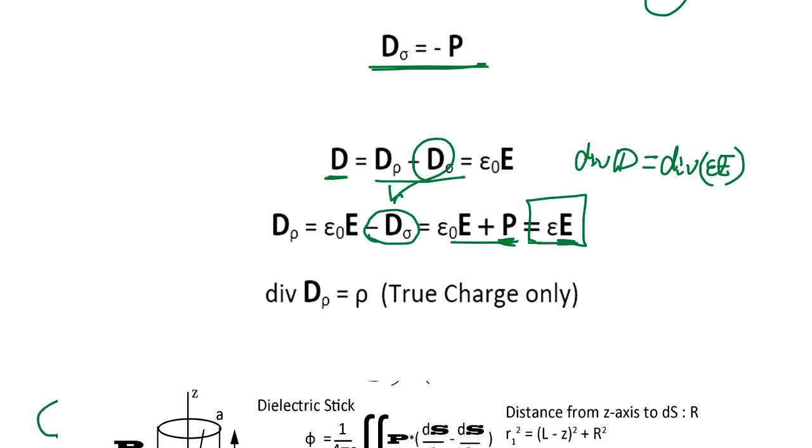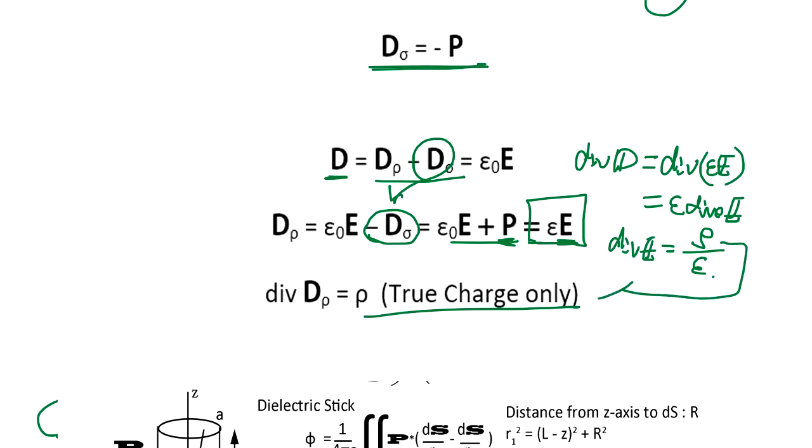It's going to disappear. Okay, so divergence E. So that's why divergence E is going to be true charge over sigma. Okay, so that's the reason why the sigma is a true charge.